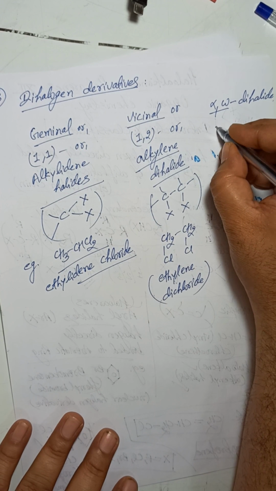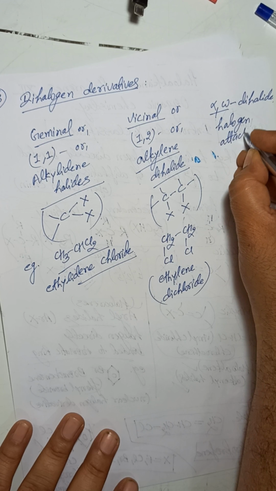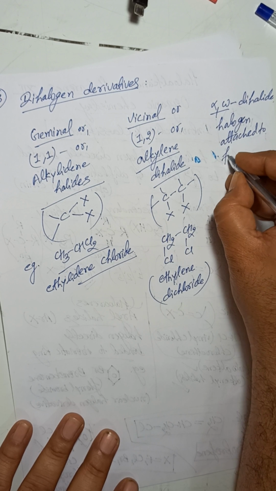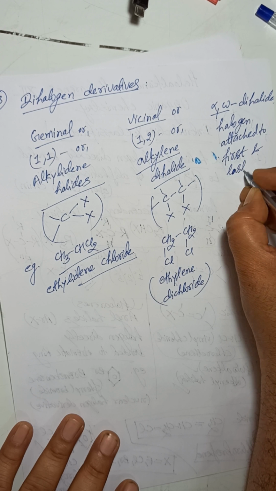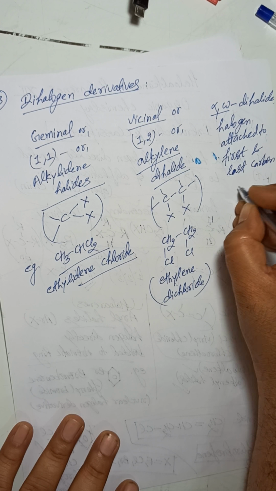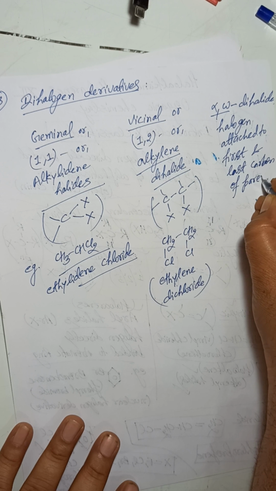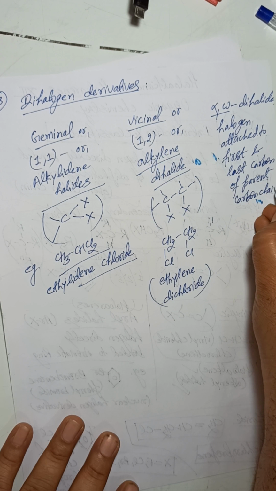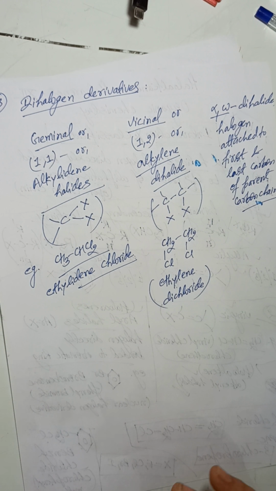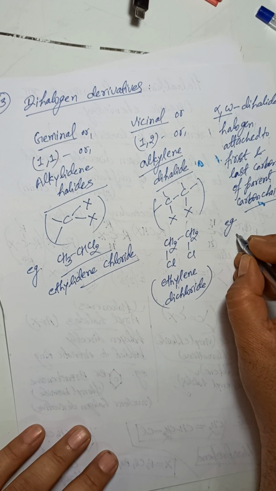Alpha omega dihalide: halogen attached to the first and last carbon of the parent chain. Alpha and omega are for the first and last carbons of the carbon chain. So for any such example, at least 3 carbons would be there.